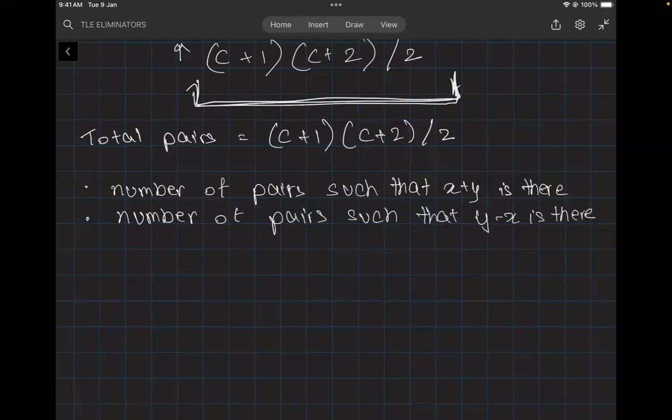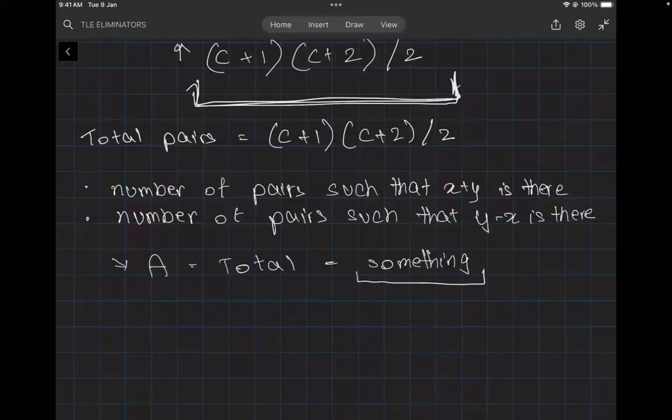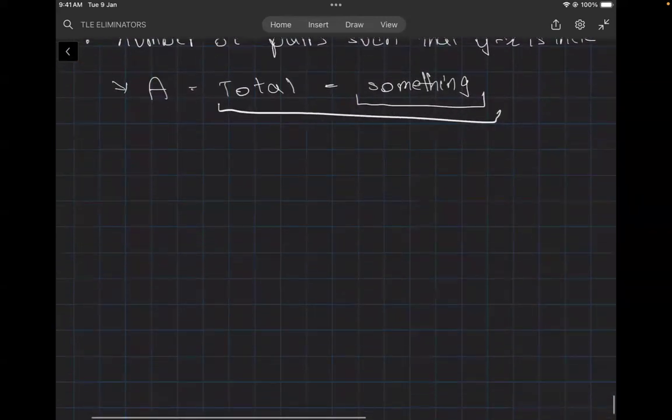So don't you guys agree that our final answer is going to be this total minus something? What is this something? I'm going to get to it right now. But we just remove the pairs that are not valid and our answer is just total minus something. Is this much clear? Okay. Now, how do we count this?